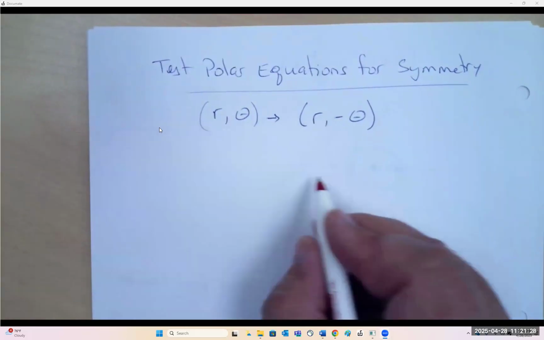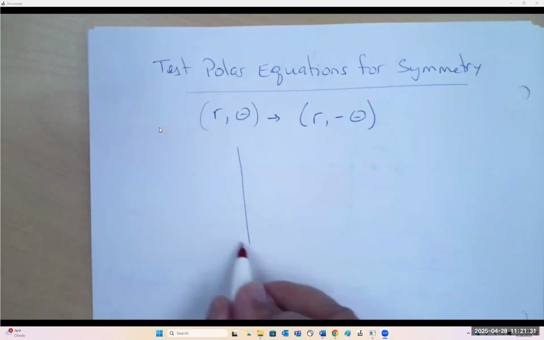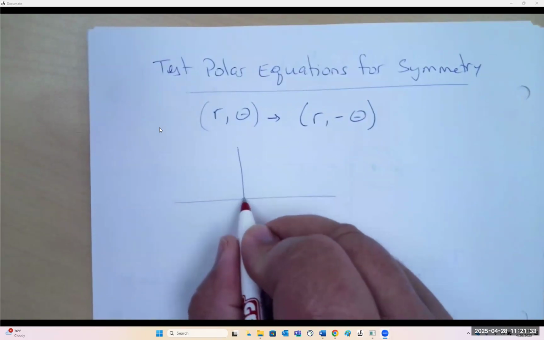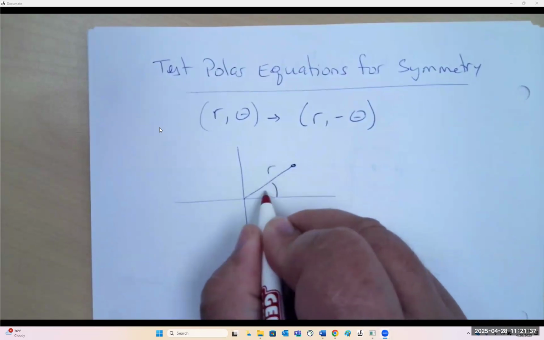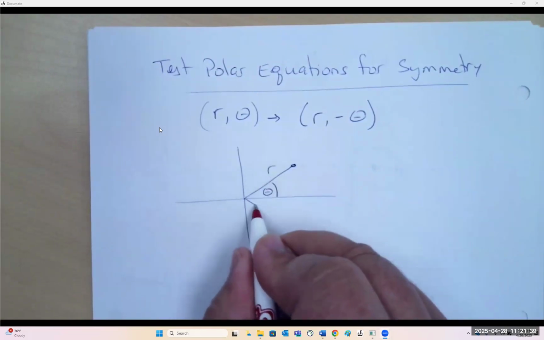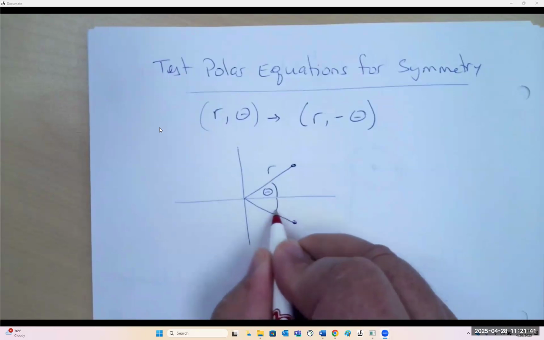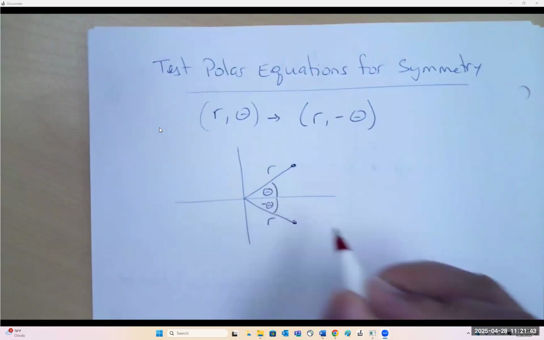If it's just the angle, so here's the r, this is theta, and this is negative theta.